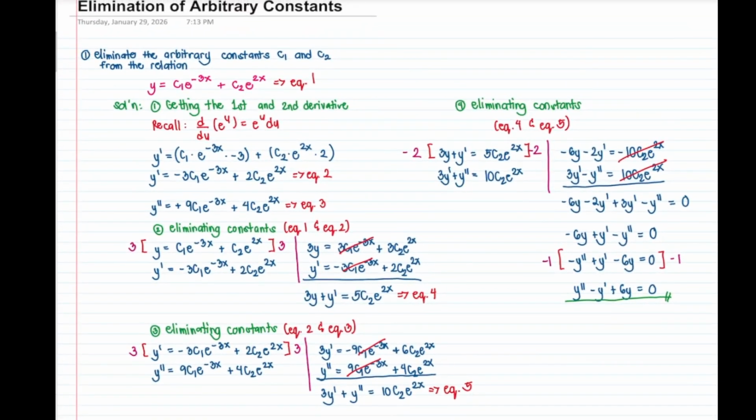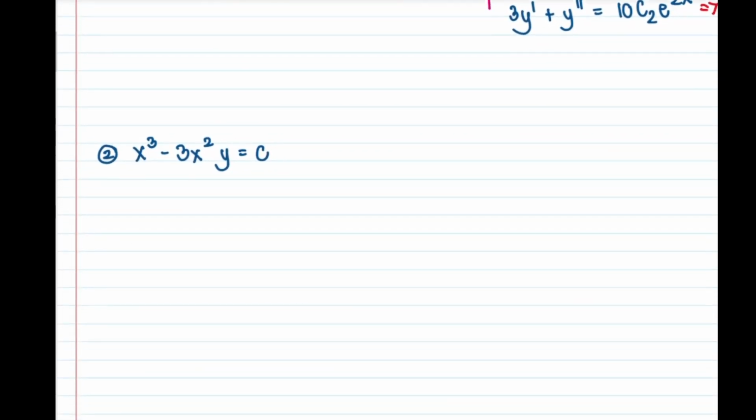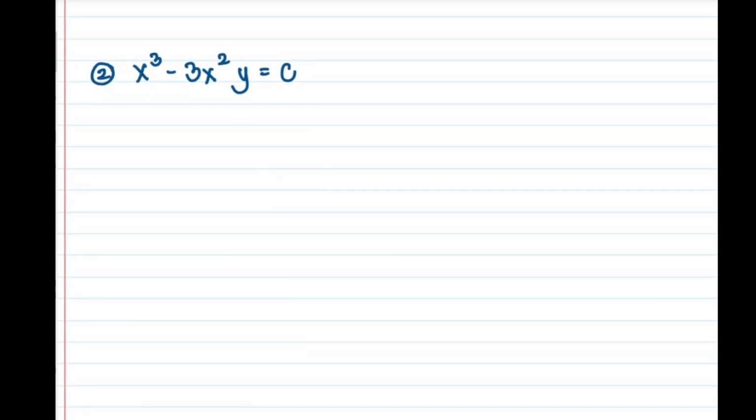Okay? So let's have the next question. So the next question is this one. So second example, we have x cubed minus 3x squared y equivalent to C. Okay? So let's have the first derivative of this equation to eliminate the constant.